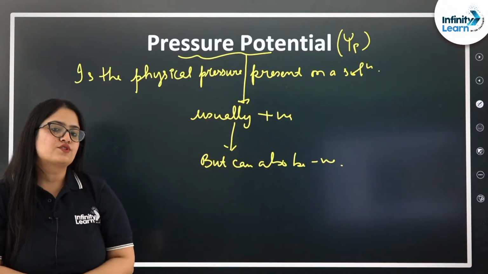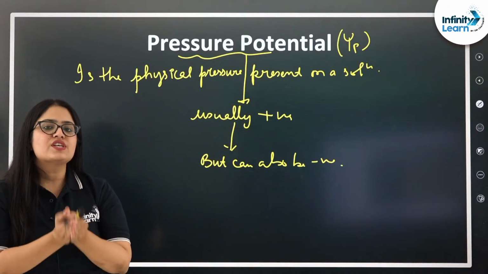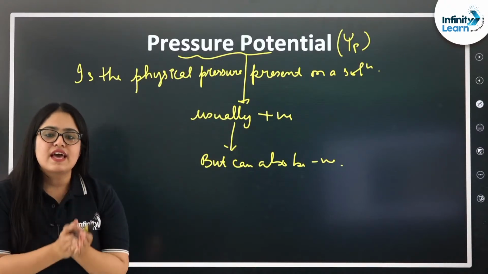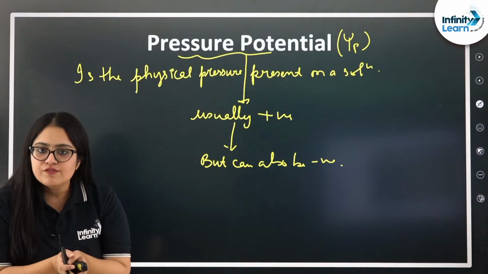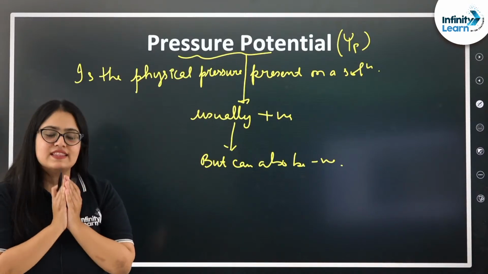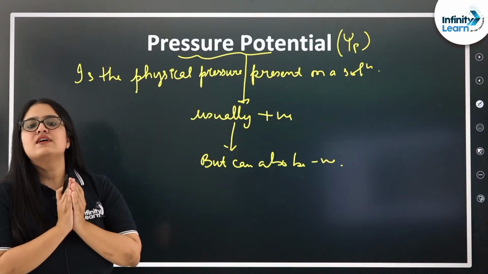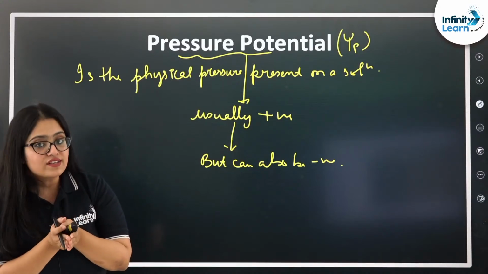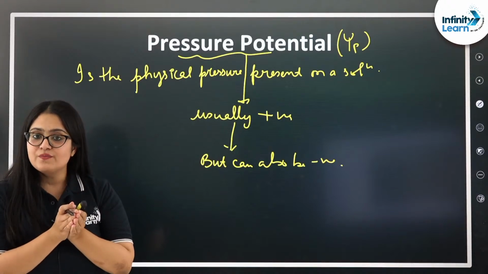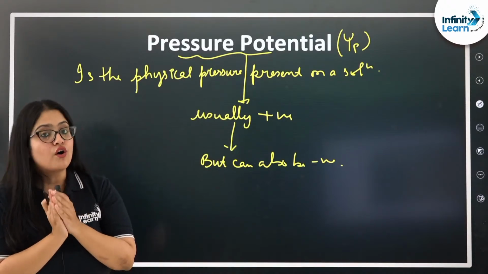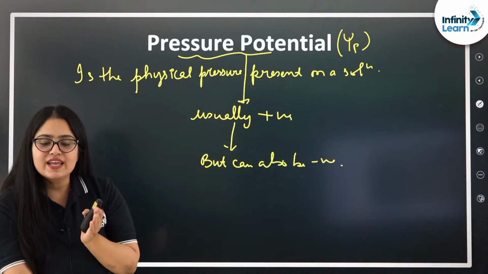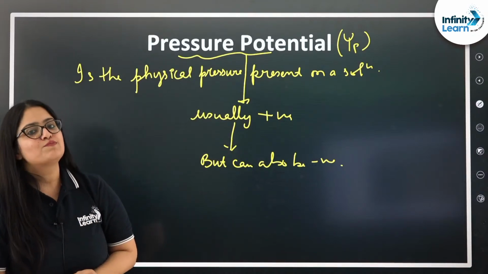So what is pressure potential? Expressed in terms of psi p, whenever pressure is applied on a solution, there is development of pressure potential in that particular solution. Increasing the physical pressure on a cell or on a solution is going to increase the water potential.